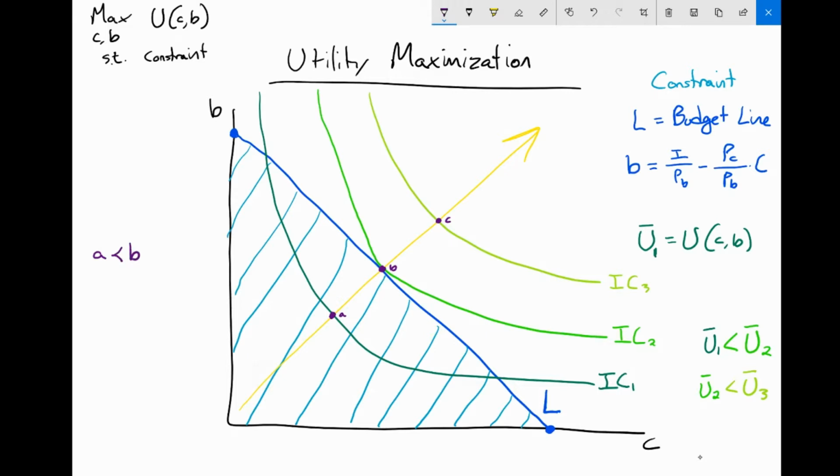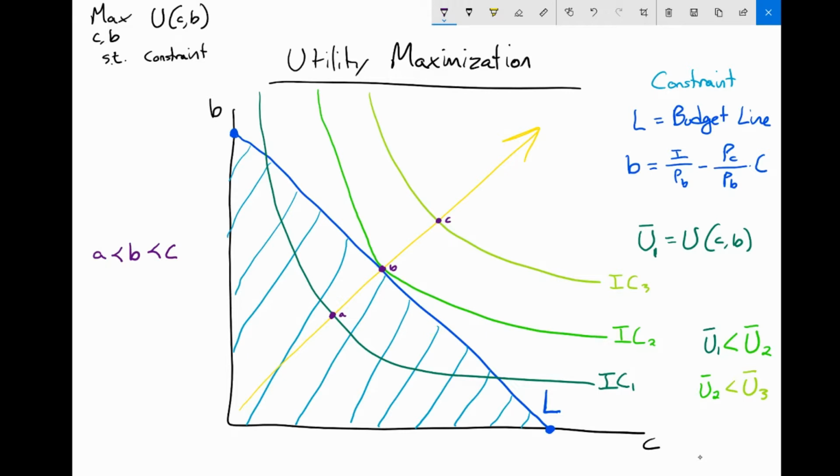We also know that they would prefer bundle C over bundle B because C lies on a higher indifference curve. So they would prefer C. And in fact, we could go on forever. We could keep drawing new indifference curves forever upwards away from the origin. They would always prefer bundles that lie farther away from the origin.